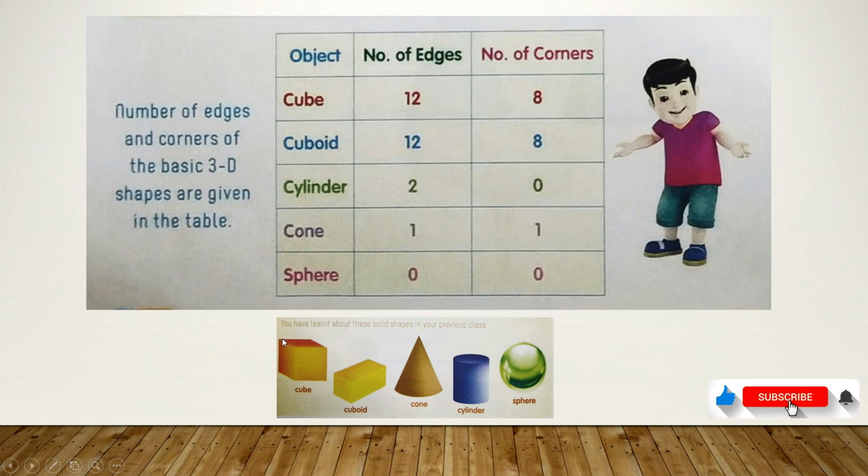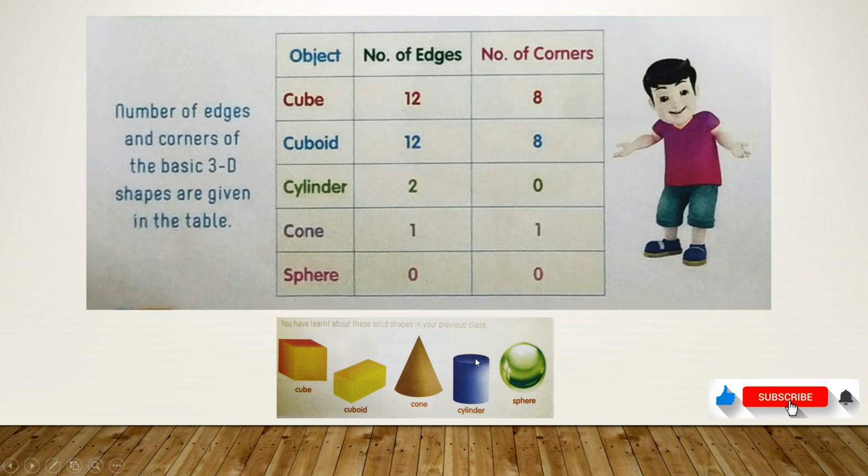If you look closely at this figure, 1, 2, 3, 4, 5, 6, 7, 8, 9, and on the backside we have 3 edges, which cannot be shown in this picture. A cuboid has 12 edges and 8 corners. The shape is the same, the only difference being the rectangular faces, but the number of edges and faces are the same in a cuboid.